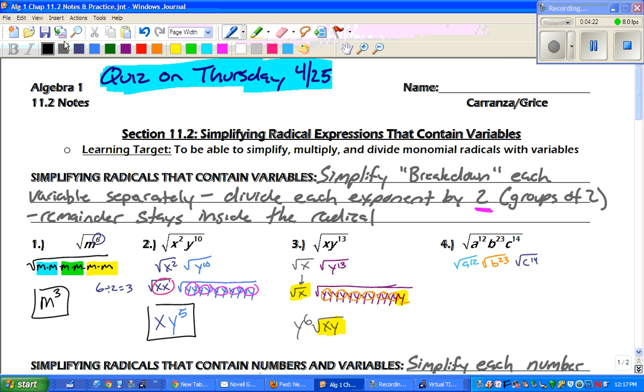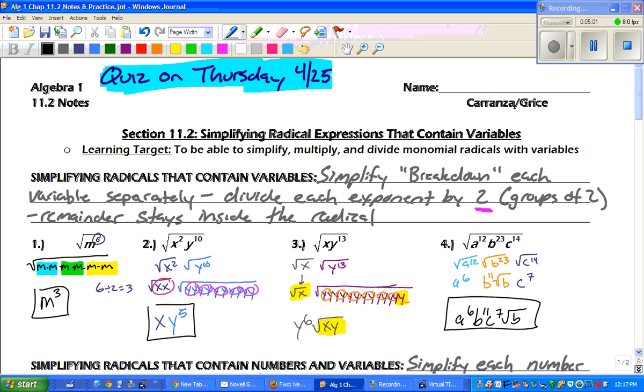When we divide all of that out, we get a to the 6th, b to the 11 with the remainder, and then c to the 7th. And the last thing we're going to do is make that look all nice and pretty. So a^6, b^11, c^7 with the b underneath the square root.